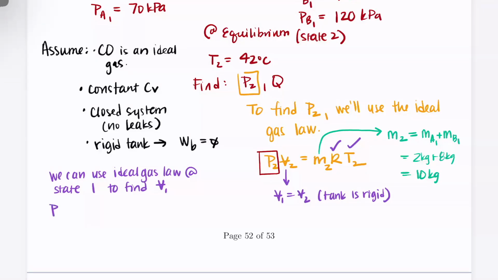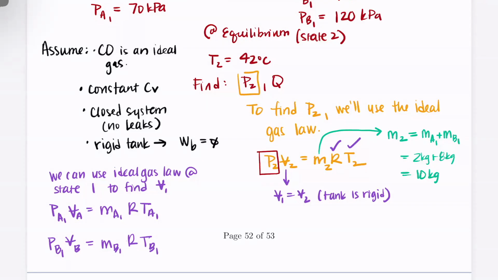Okay, so what we're going to do is the following. We know that PA1 VA is equal to MA1 R TA1. And we can write a similar thing for PB1 VB is equal to MB1 R TB1. All right, so we have two masses of carbon monoxide and they're both at different temperatures and pressures.